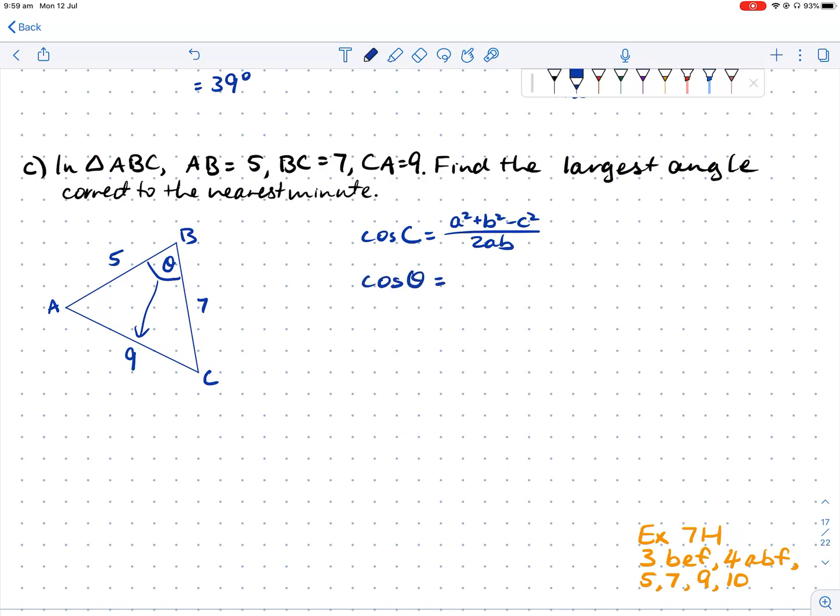So if I substitute the values in, cos theta is 5 squared plus 7 squared minus 9 squared over 2 times 5 times 7. When you put that into the calculator, you get negative 1 over 10. So to work out the angle, just put cos minus 1 of the fraction in, and you get 95 degrees, and rounded off is 44 minutes. And that would be the answer there.